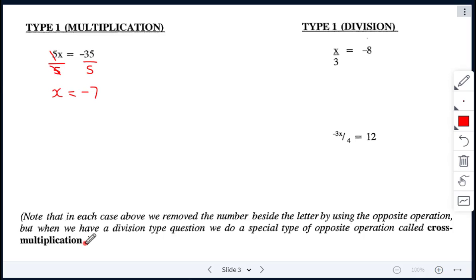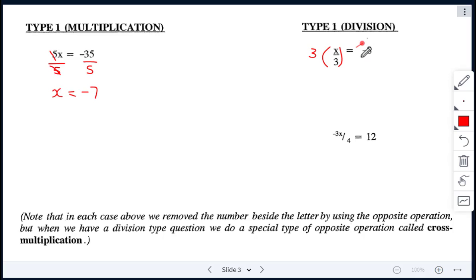Next, we have this division type. And we have looked at this. You can use cross multiplication like I've shown you, or you can use the opposite of division, which is multiplication. We are going to look at more ratio type equations. So in this case, because we have x divided by 3, we can multiply by 3.